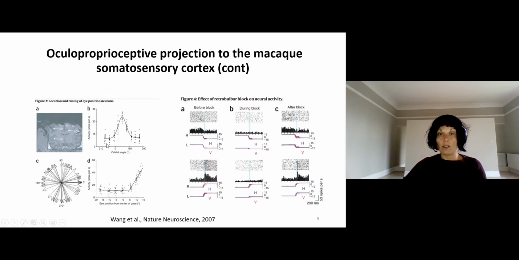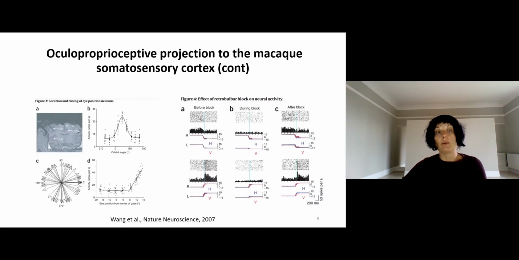They dipped an electrode, or rather several electrodes, in the depth of the central sulcus to record from an area located in the depth of the central sulcus, area 3A, that is known to receive proprioceptive input from the skeletal muscles.